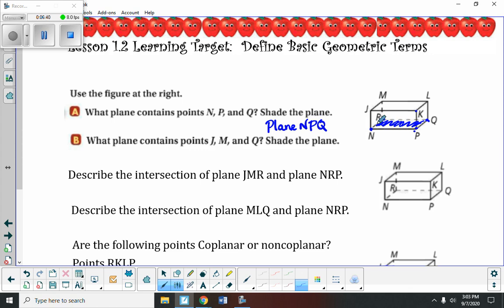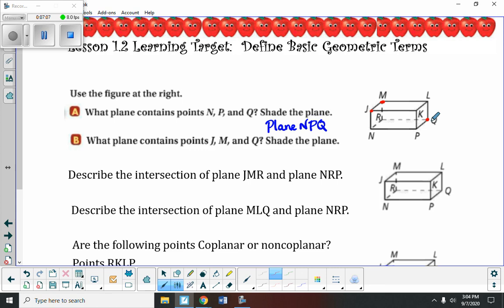The next one says, let me erase this so we're not confused on the next one. What plane contains points J, M, Q? So J, M, and Q. Do you see a side of the box that goes through all 3 of those points? Well, here we have to use our imagination a little bit.